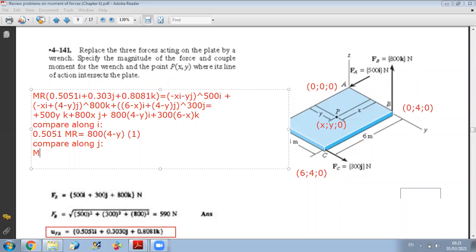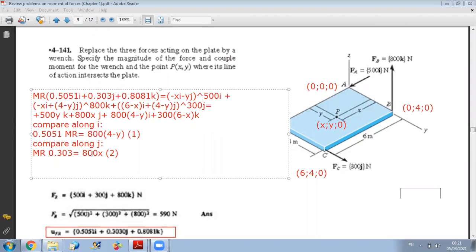So it's mr times 0.303, equals to, from the other side along j, I have just also one component, which is 800x. So this is the second equation, equation number 2.